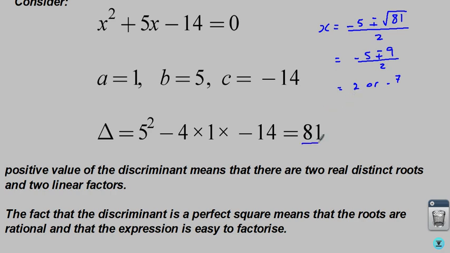The fact that this is 81, a perfect square, tells me that I can factorize this expression, and it's x plus 7 times x minus 2 equals 0. It's an indication that factorization is easy.